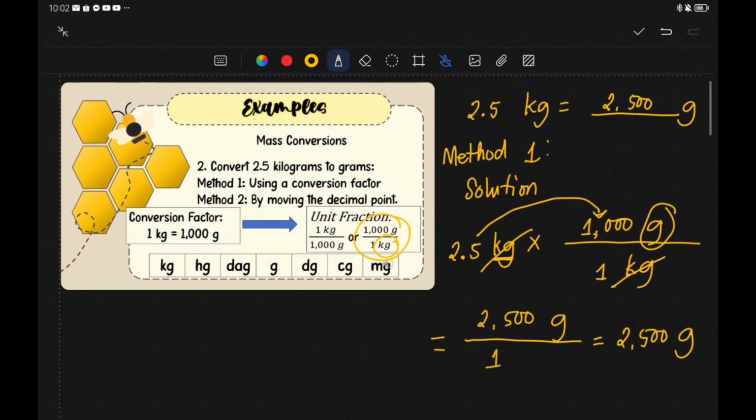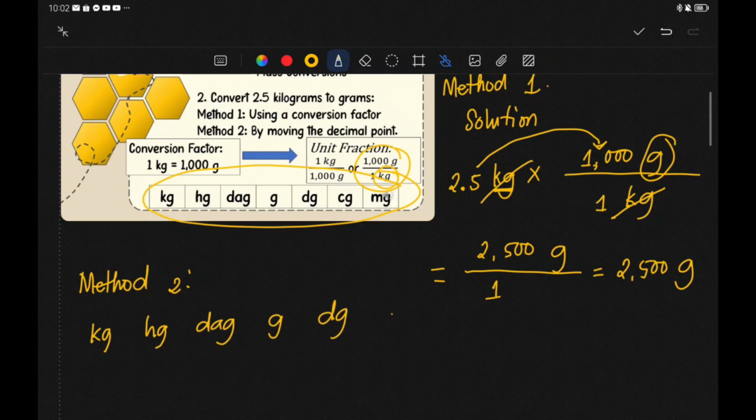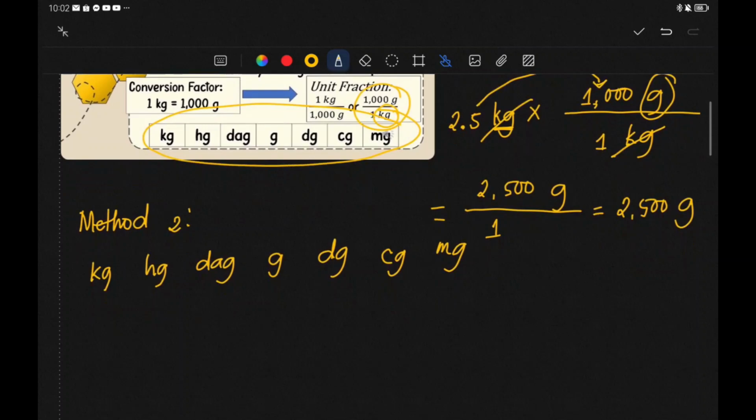Now, let's check if it is correct using method 2. For method 2, we are going to use this table: kilogram, hectogram, decagram, gram, decigram, centigram, and milligram. Again, we are given 2.5 kilograms. From kilograms, we are going toward grams.